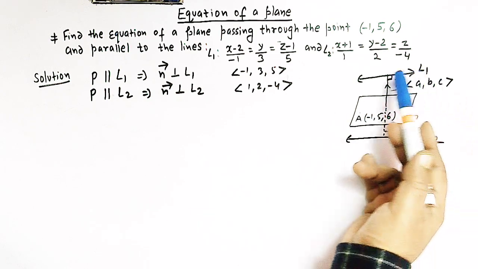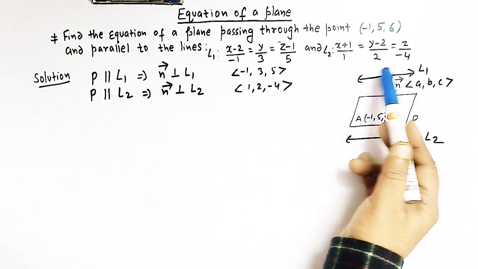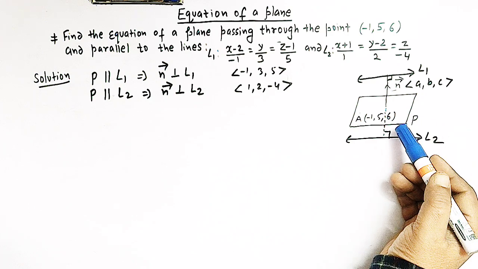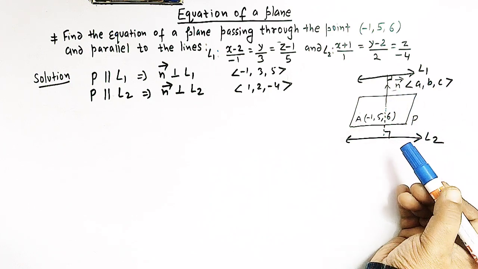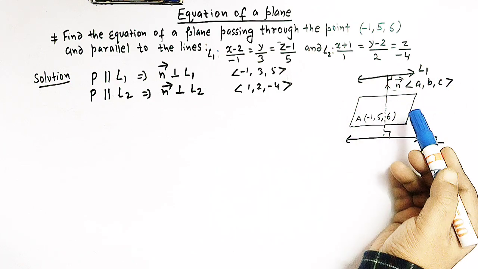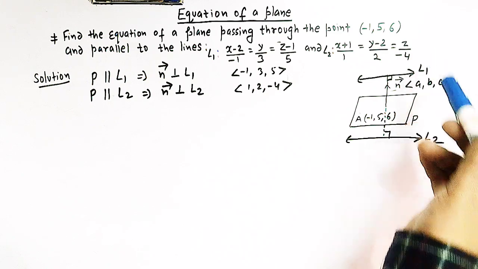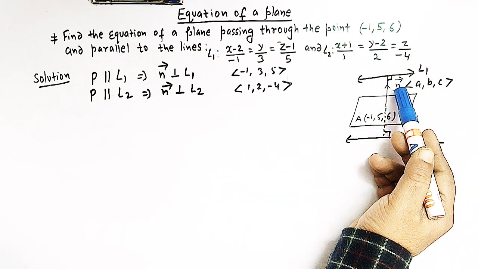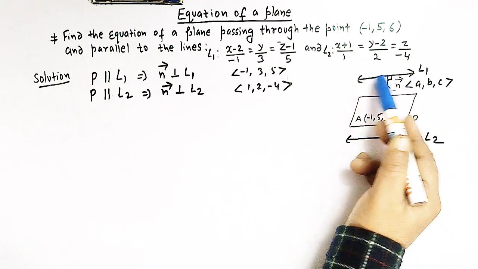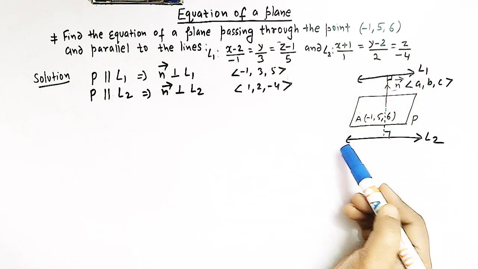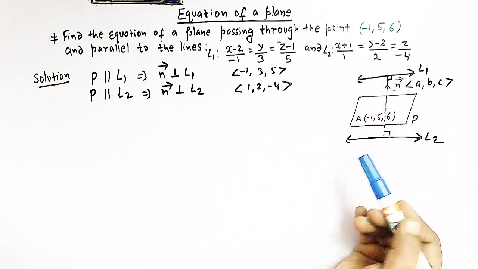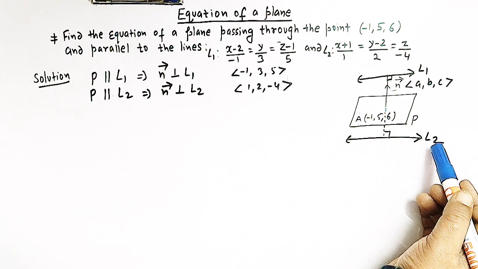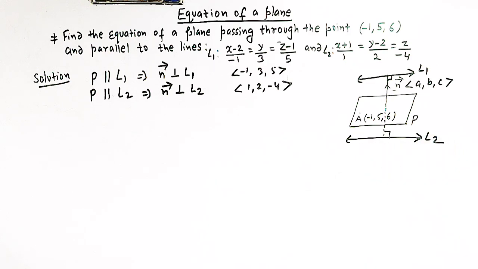It is important to note that this is not the exact diagram, but just for the sake of understanding, we have drawn the plane P and the lines L1 and L2. So this normal vector n is perpendicular to L1, and also perpendicular to L2.